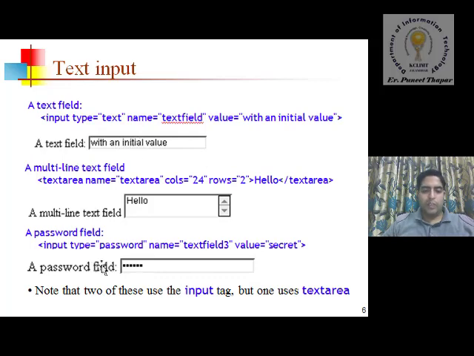So for the password field, the type is password, the name is text field, and the value is secret. By default we assign a password, secret, here. You can use this one. So this is text input. We can use a text field by three methods. First, simply the text mode. Second is the multi-line text field, and third is the password.